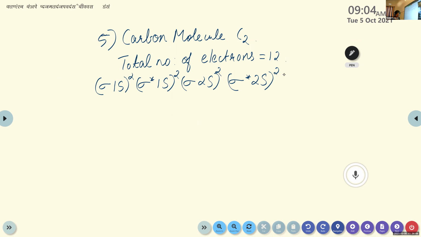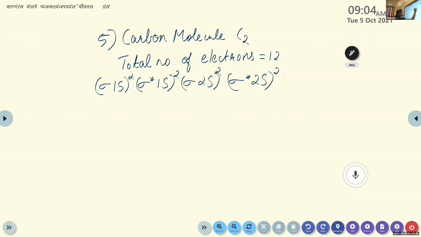Yeah, that's right. Pi 2px equal to pi 2py, and they have same energy. So you have to always remember, after the filling of singly occupied electron in each orbital, you have to fill the next electron in each orbital. Clear? Here already 2, 4, 6, 8 electrons.